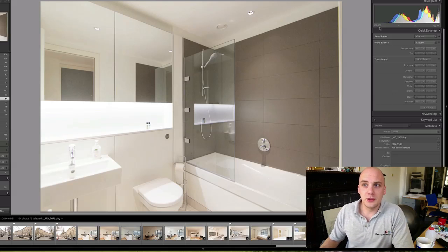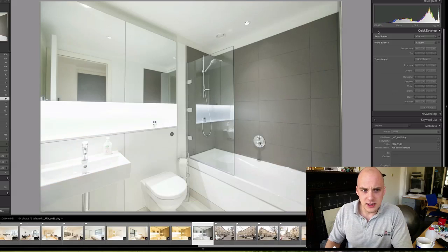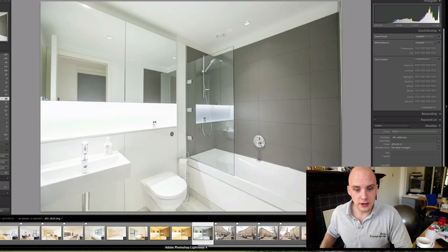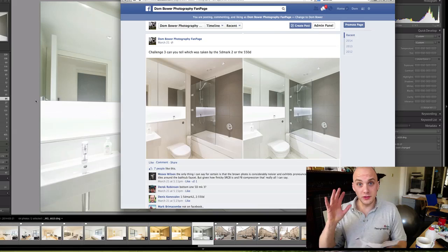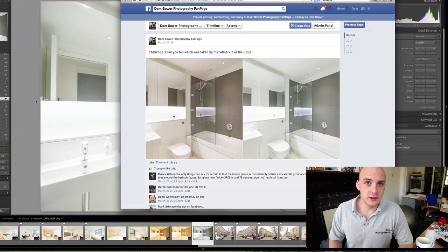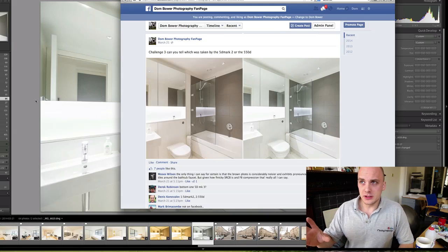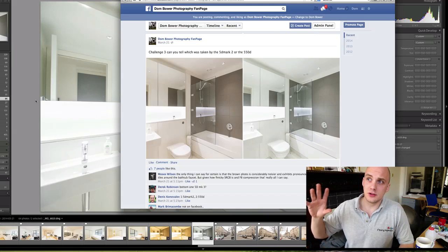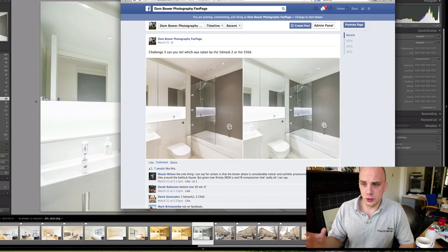That one was ISO 800 with the Canon 550D, and the other one, a little bit greener, was with the 5D Mark II. So the majority of you got that correct. Well done. Somehow most of you were able to figure out that there was a difference between the two photos. Maybe it was just the focal length being the slight difference between an 11mm on a Canon crop compared to a 60mm on the Canon full frame.